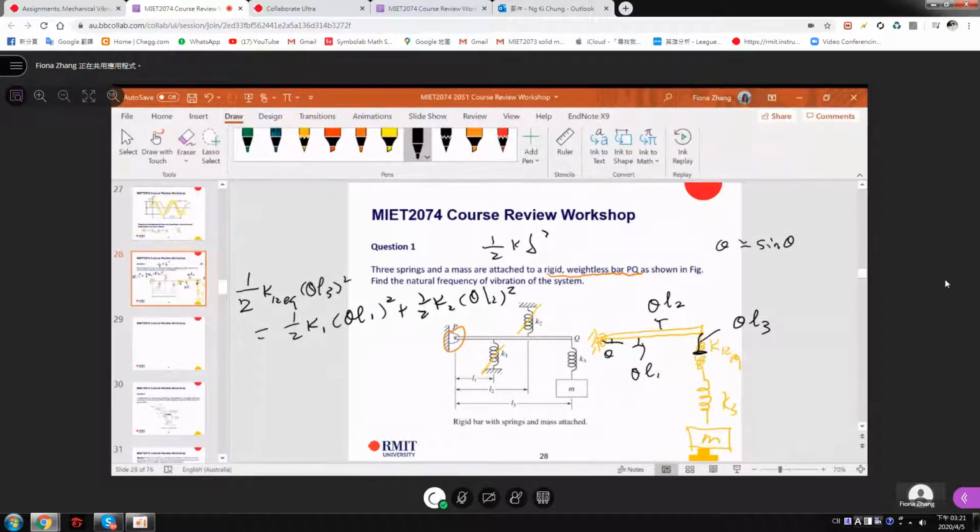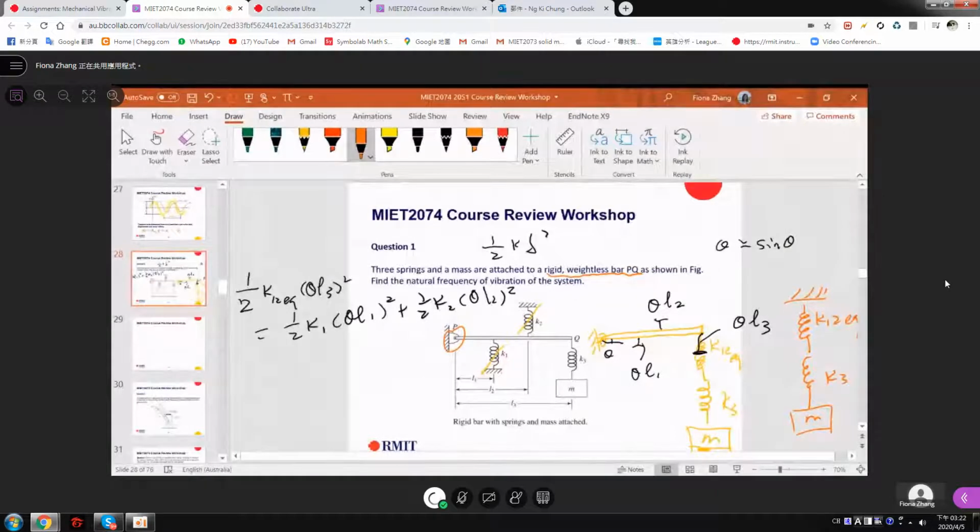After you find K1-2 equivalent, you can find the natural frequency of the system. The whole system becomes like this: K1-2 equivalent, K3 and M. You already know K1-2 equivalent and K3, and these two are in series, so you can find the K equivalent.